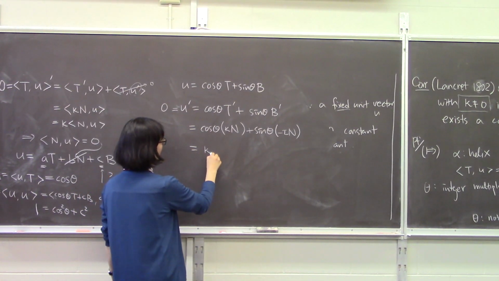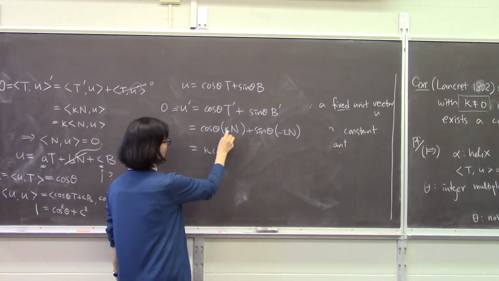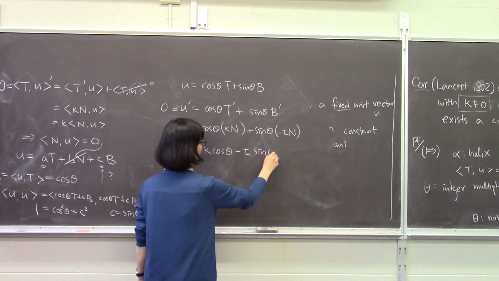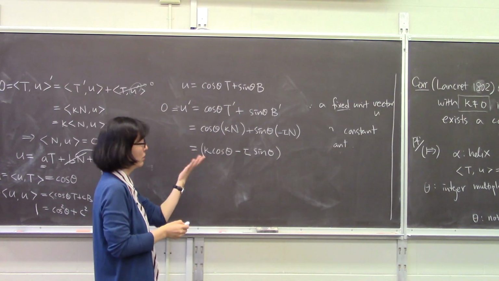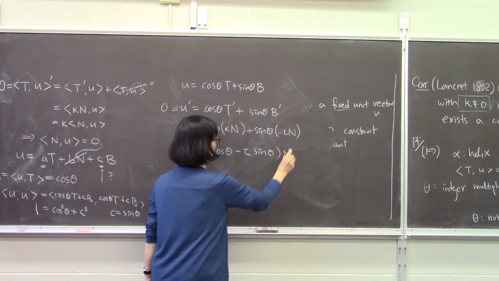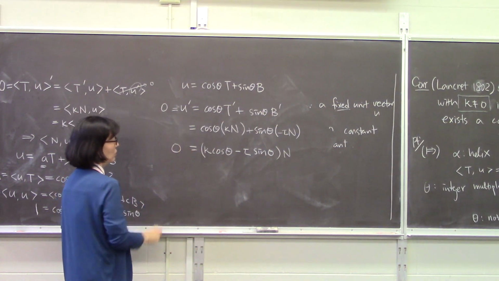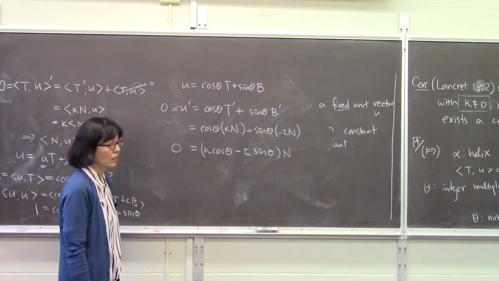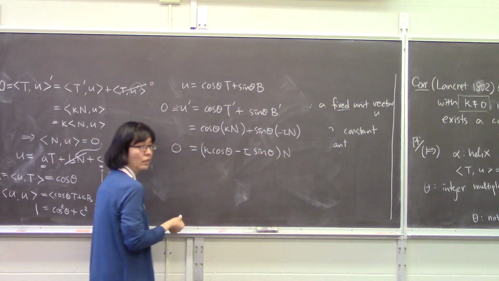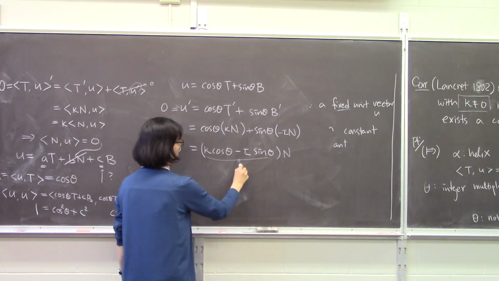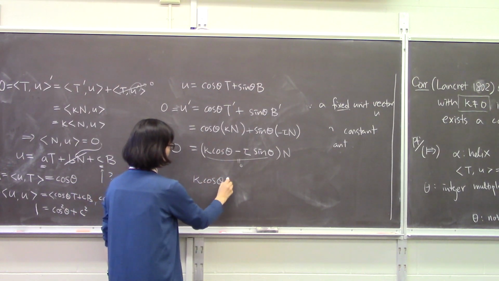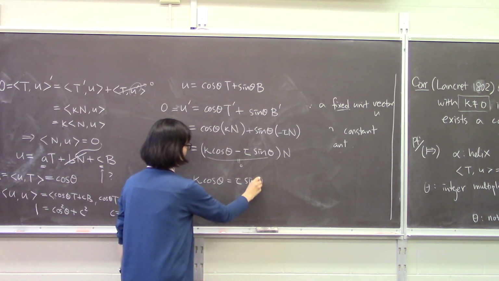You can simplify this: kappa cosine theta minus torsion tau sine theta. Let's take out all the function part, and the vector n, and that is equal to 0. Okay. So what is equal to 0 then? This n is a vector, not 0. So this has to be 0. So that means the curvature cosine theta equals torsion sine theta.